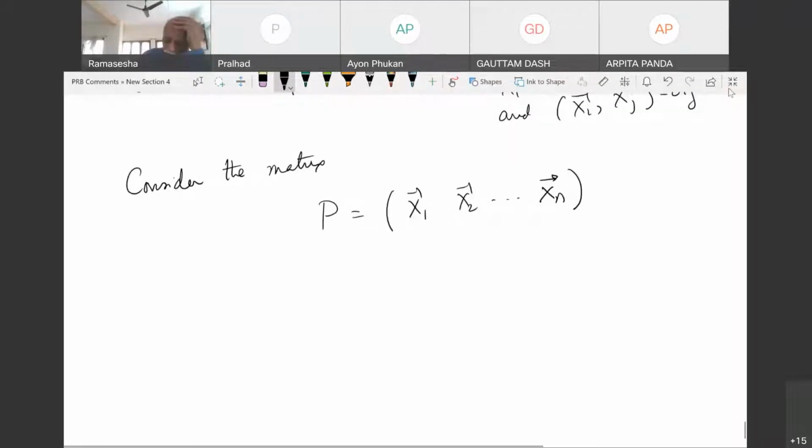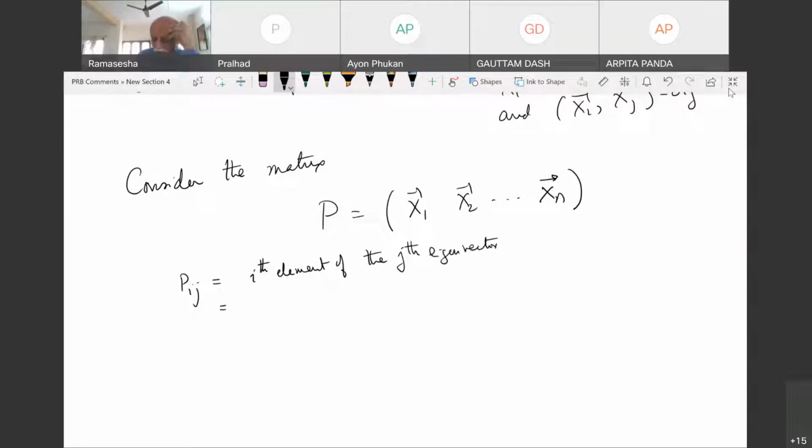So supposing I am looking at the matrix element P_ij, this is in the ith row and jth column. So this is the ith element of the jth eigenvector, because the jth eigenvector is the jth column. So P_ij is equal to x_j's ith element, x_ji.